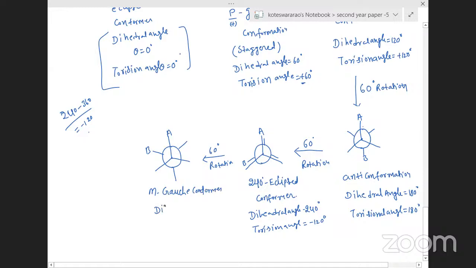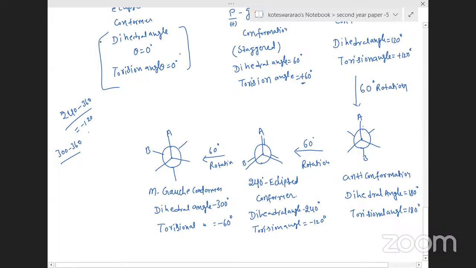The dihedral angle is 300 degrees, and the torsional angle is 300 minus 360, right? That is minus 60 degrees.